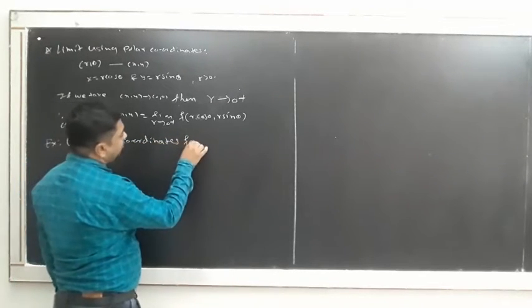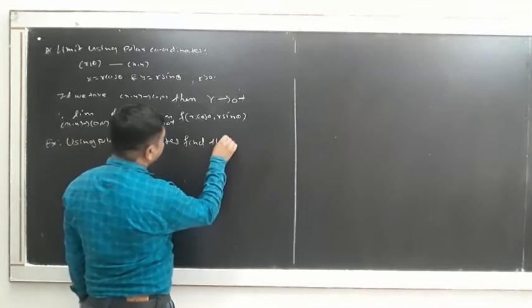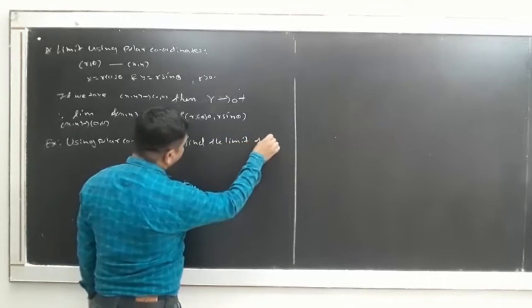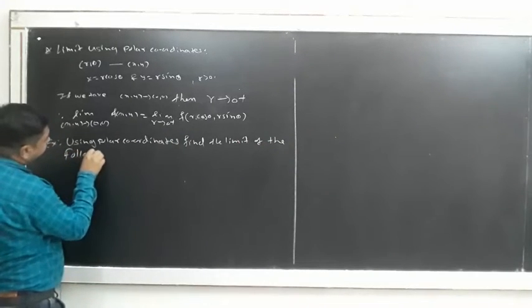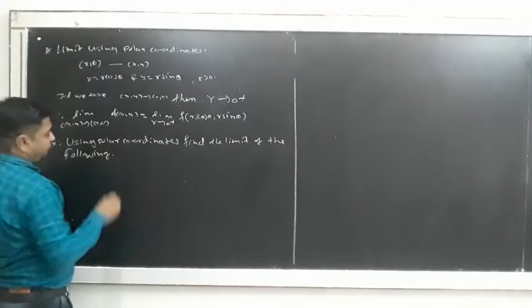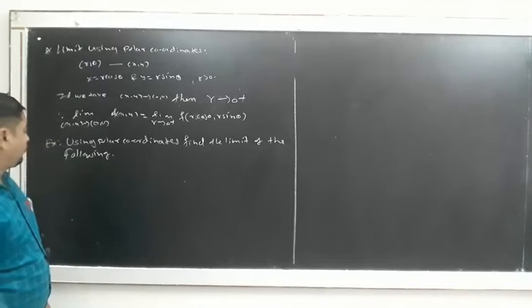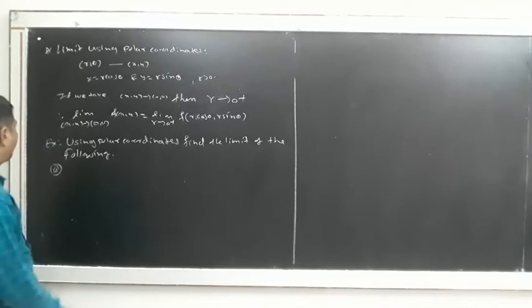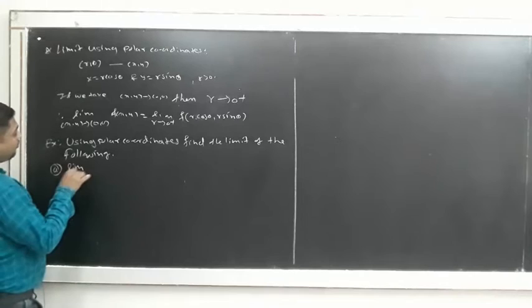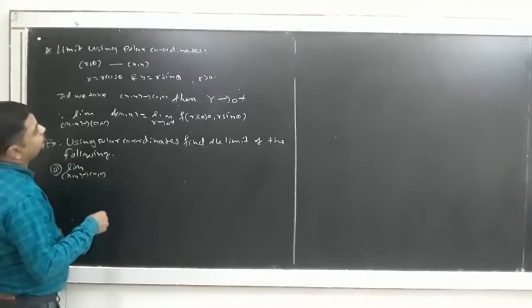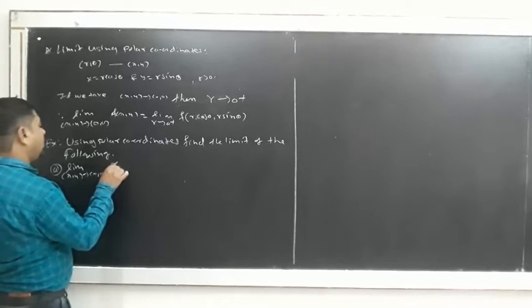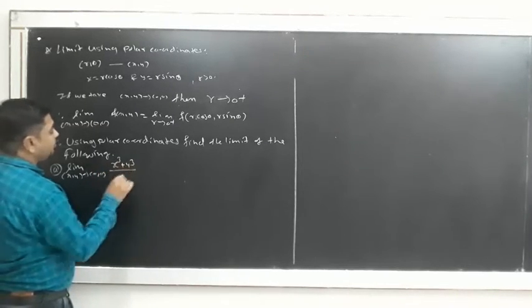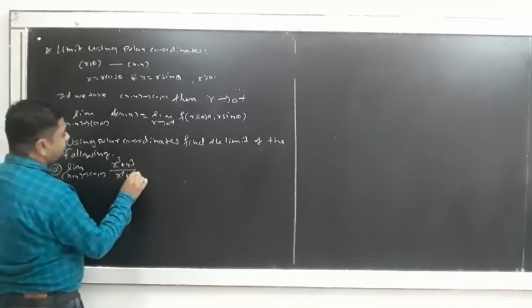Find the limit of the following functions. First example: limit as (x, y) tends to (0, 0) of (x cube plus y cube) upon (x square plus y square).